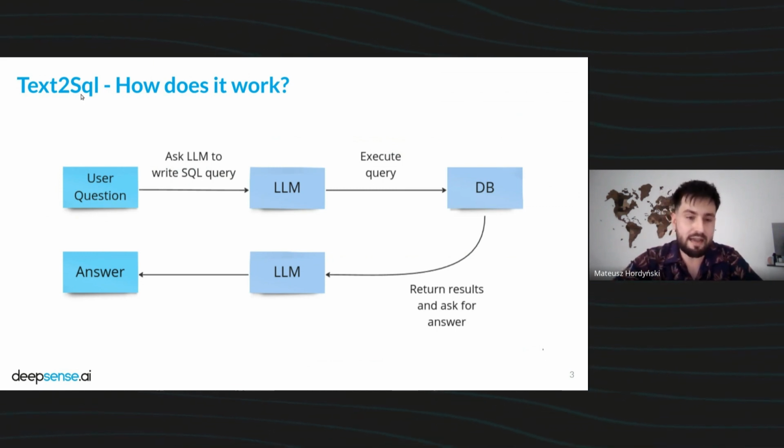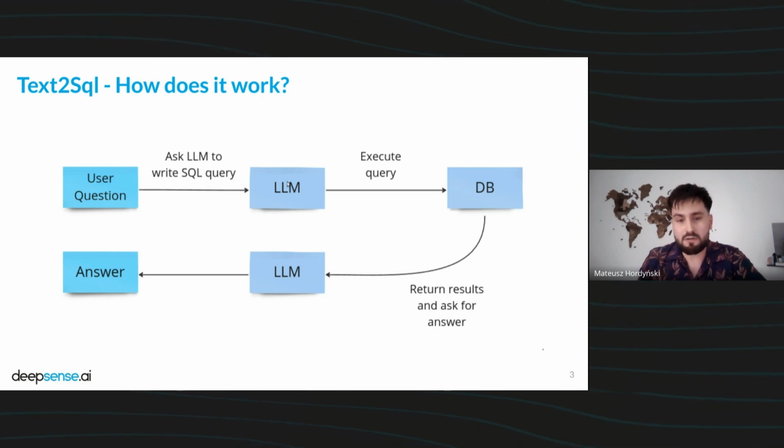Here I have a simplified diagram of such an architecture. Let's go through it. Let's start from the user question. We have a natural language question from the user, and what we can do with it is ask the large language model to create an SQL query based on that.